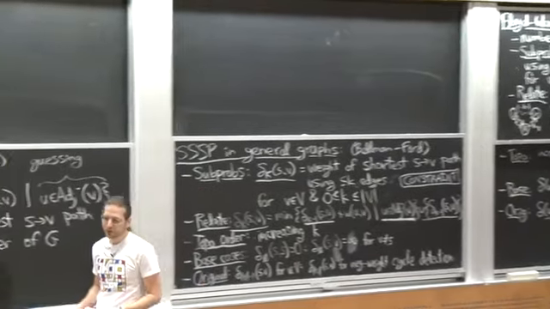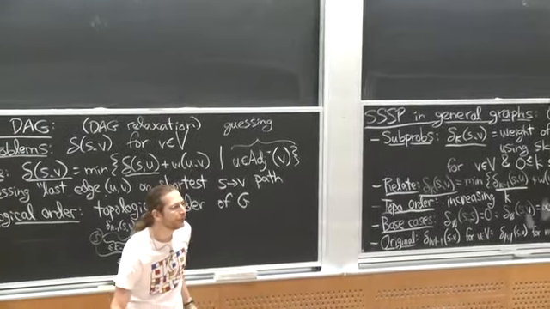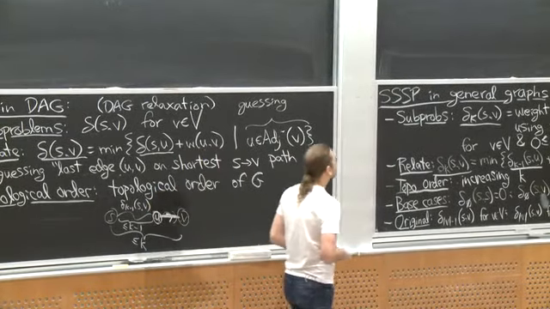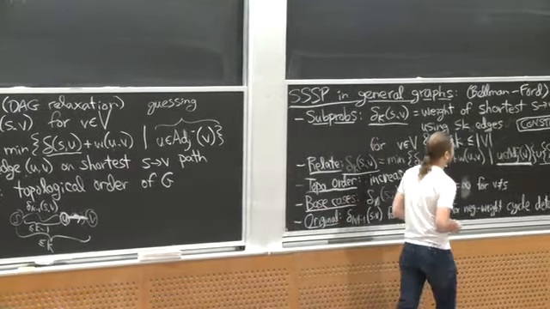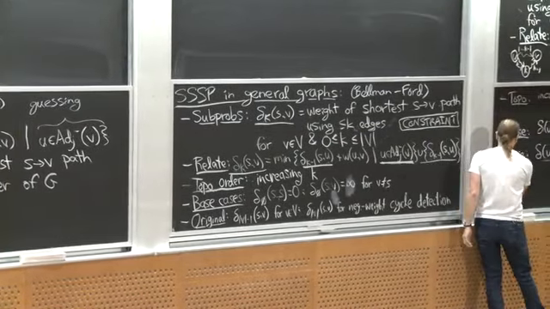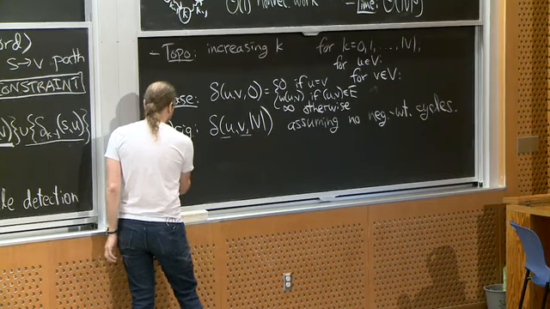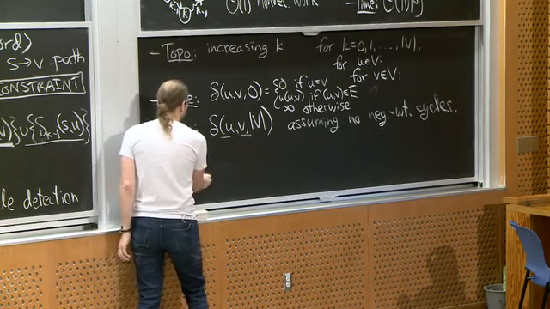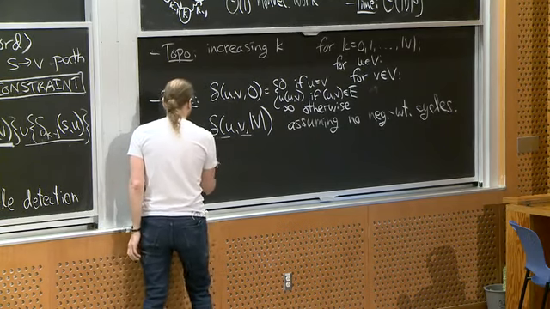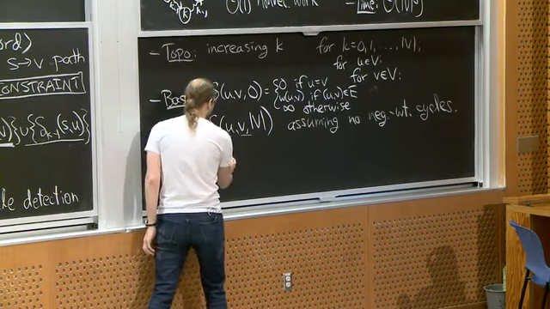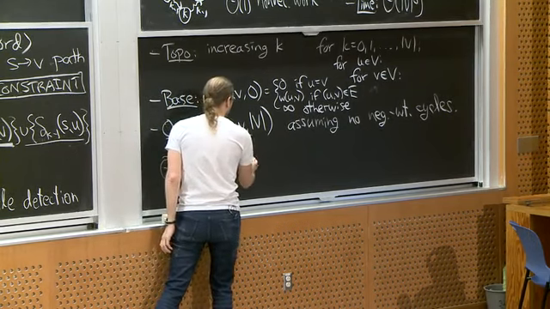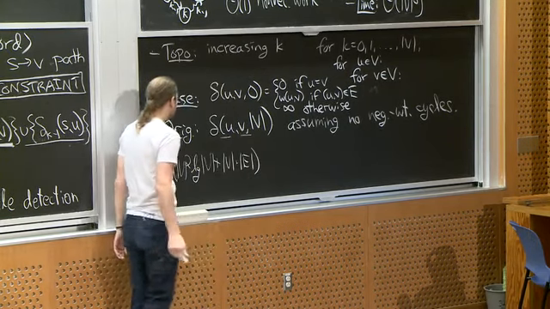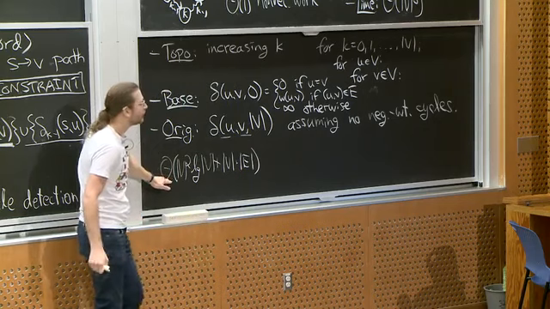Yeah? So how would this compare to just running Dijkstra's algorithm a bunch of times? What about using Dijkstra? So let's compute. Running Dijkstra V times is the running time of Johnson. So running Dijkstra a bunch of times is great.